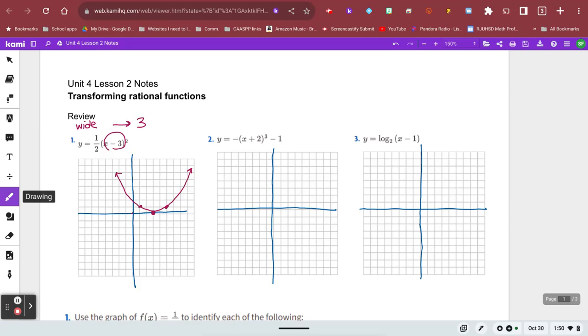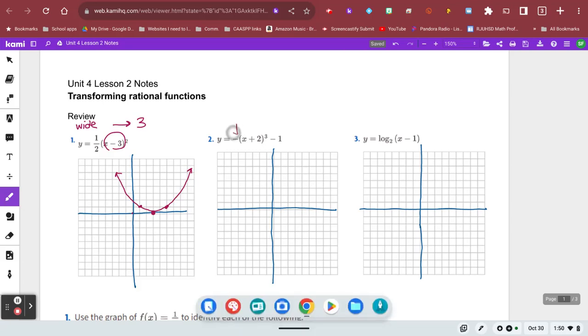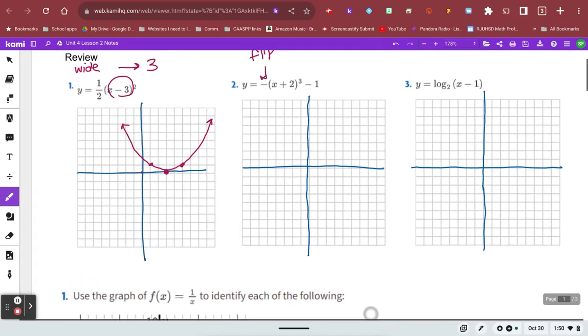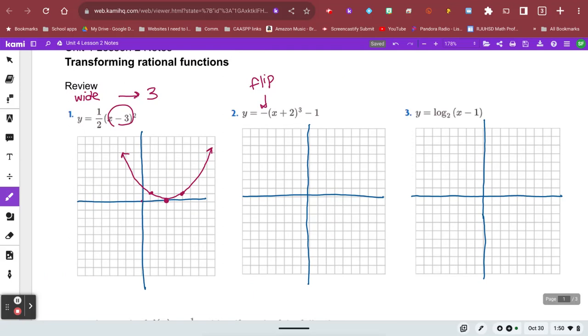Okay. Now here, the negative is going to flip our equation. Our plus 2, and it's inside the parentheses, is going to do the same as what it did for the quadratic. And since it's a plus, we go the opposite direction. We're going to go to the left 2. And the -1 means we're going to go down 1.